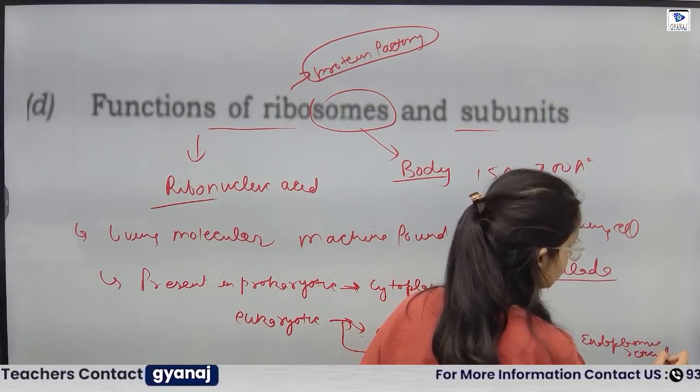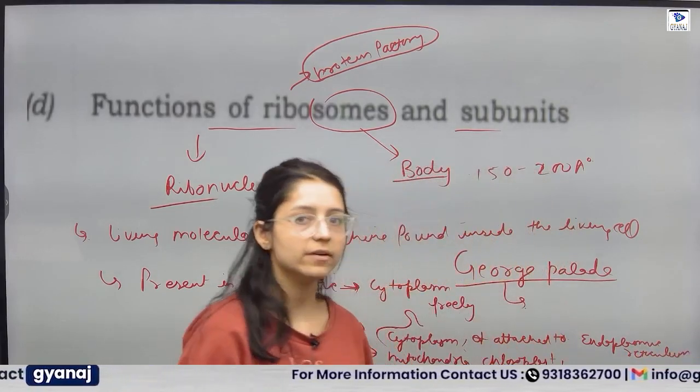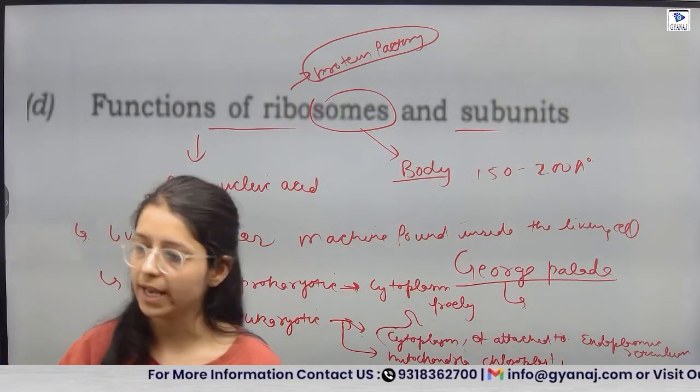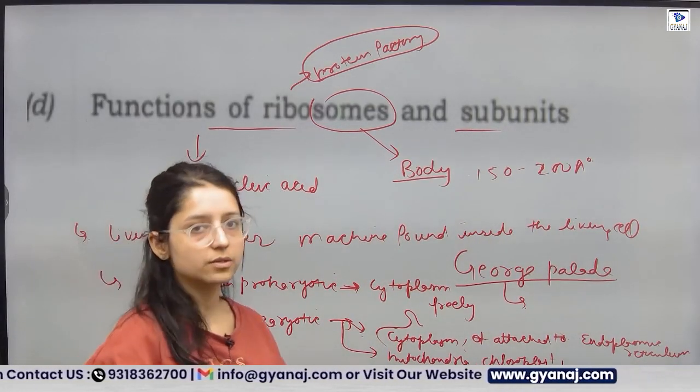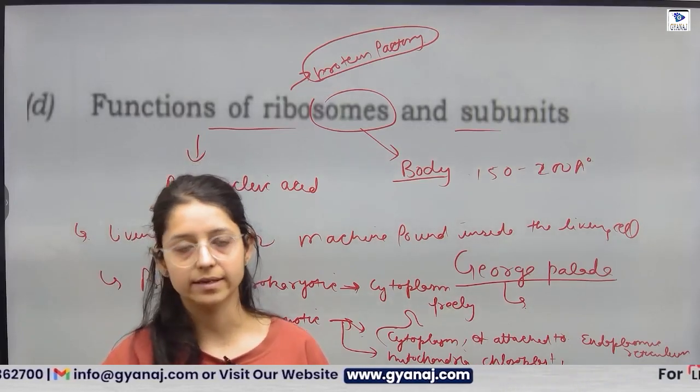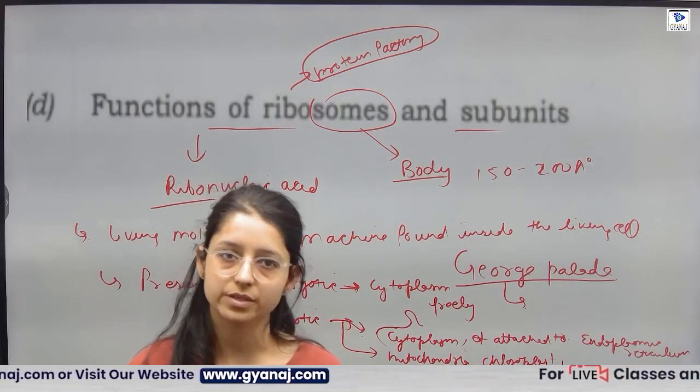That's why we have two types of reticulum, the rough endoplasmic reticulum and the smooth endoplasmic reticulum. Rough because ribosomes are attached, and RER is also involved in protein synthesis.